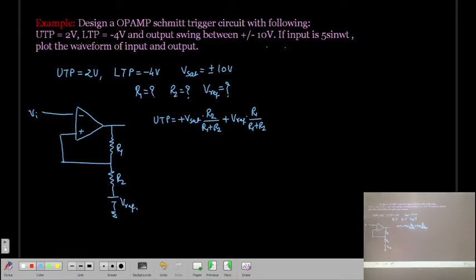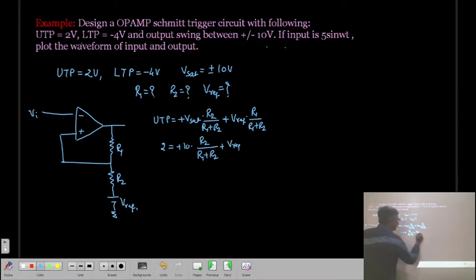Correct? So my UTP is 2 volt: 2 equals plus V saturation, which is plus 10 volt, into R2 divided by R1 plus R2 plus V reference into R1 divided by R1 plus R2. You can call this equation number 1.